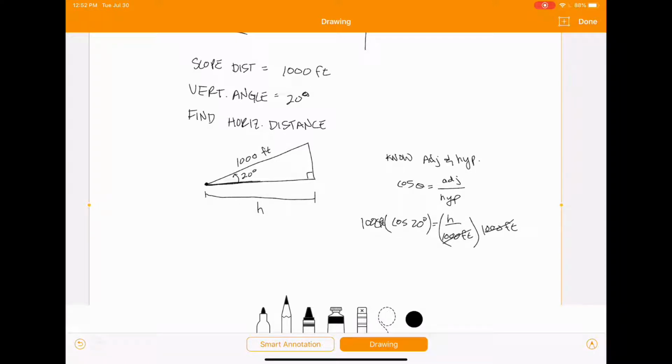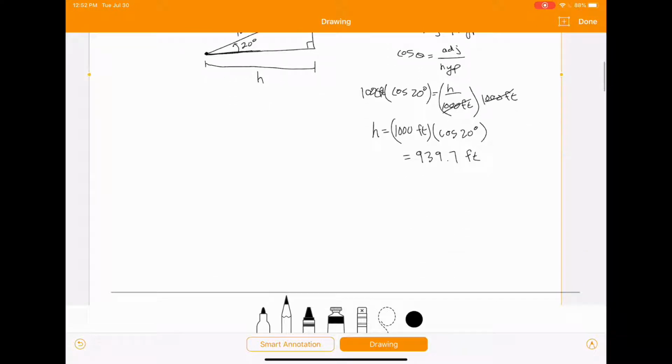These will cancel, so you'll be left with h equals 1,000 feet times the cosine of 20 degrees. And you can just plug that into your calculator. So h is going to be equal to 939.7 feet.